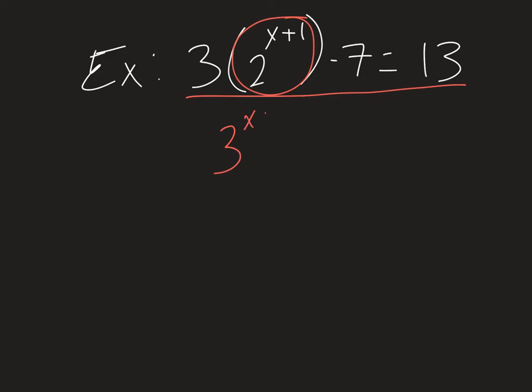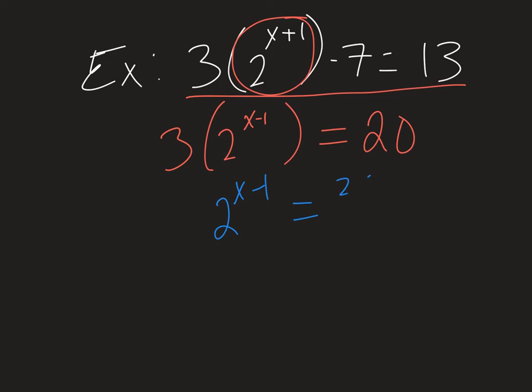So 3 times 2 to the power of x minus 1 is equal to 20, if I add 7 to both sides. And then we can divide by 3. So 2 to the power of x minus 1 is equal to, let's just leave it in fractional form, 20/3.